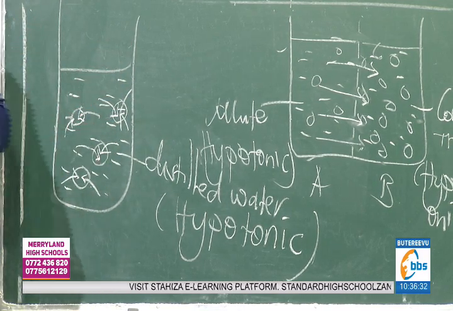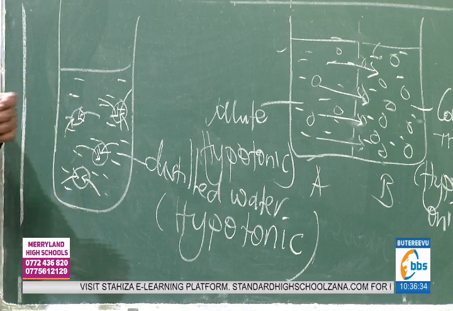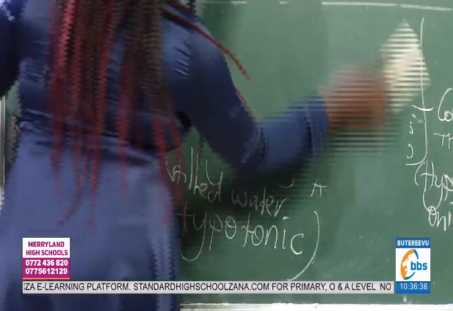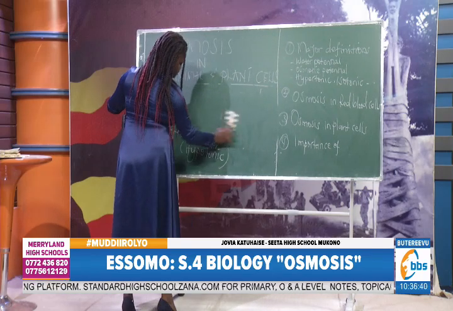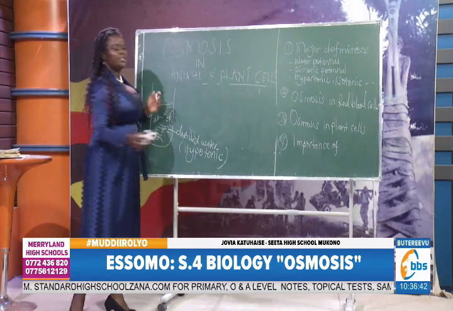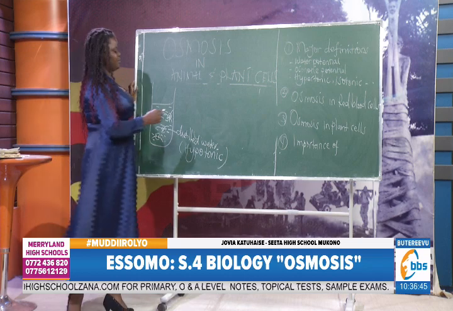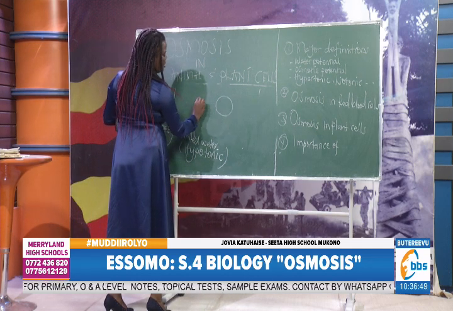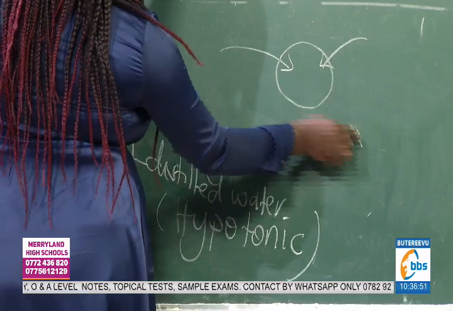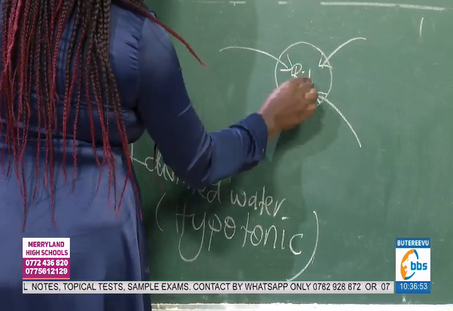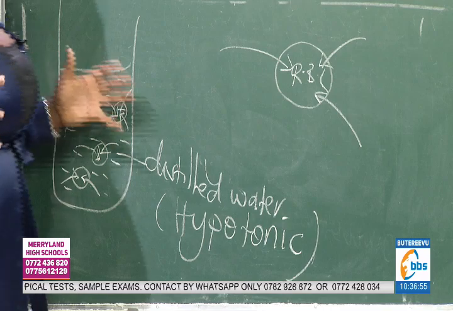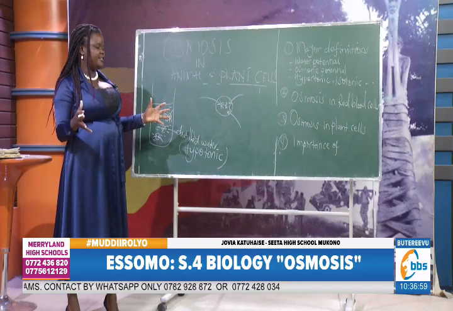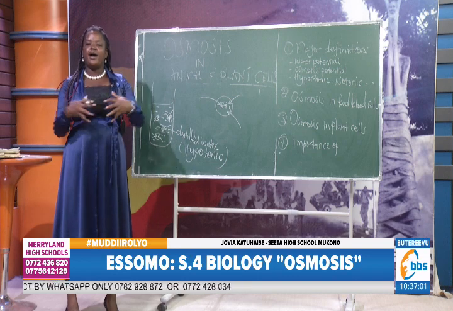Now, as water enters into your red blood cell, demonstrating it here more, it's going to keep on expanding or swelling or increasing in size to accommodate the incoming water.